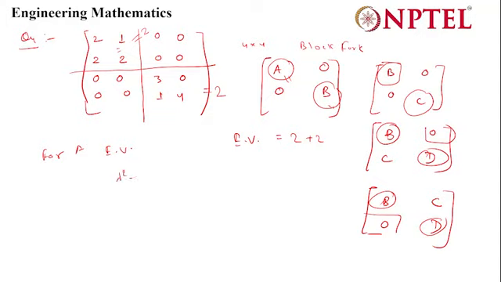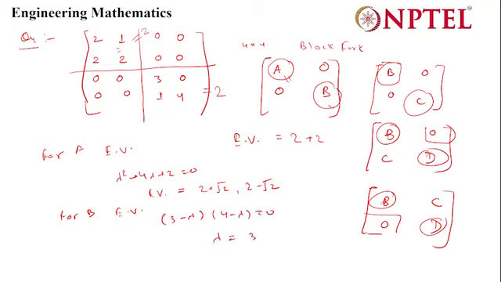It will come as lambda square minus 4 lambda plus 2 is equal to 0. So our eigenvalues will be 2 plus root 2 and 2 minus root 2. Then for B also you calculate the eigenvalues. It will come as 3 minus lambda, 4 minus lambda is equal to 0. So lambda will be 3, 4. So these 4 values will be the eigenvalues of this matrix.